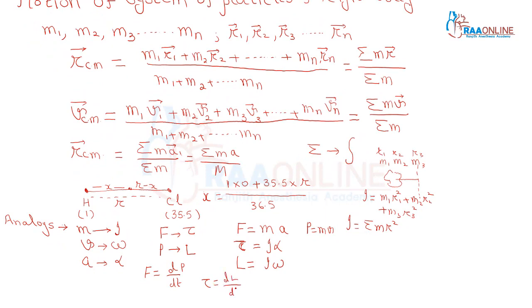One more definition: if torque is absent, means 0, we know that only the differentiation of a constant is 0, so L should be constant. It is known as the law of conservation of angular momentum. Torque equal to 0 leads to the result that L should be constant.